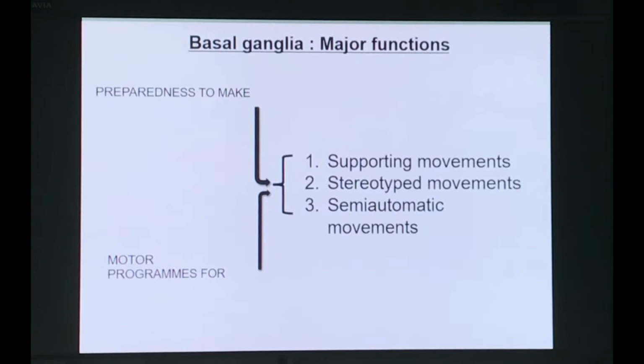Then there are cognitive or executive functions, behavior and emotions, since they are associated with the frontal lobes of the cerebral cortex and also with the amygdala, which is related to the limbic system.